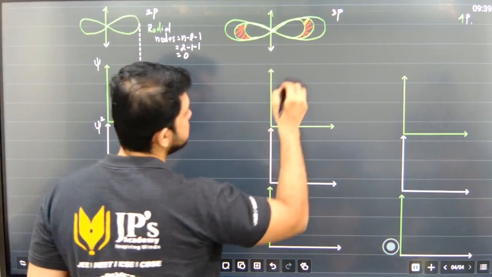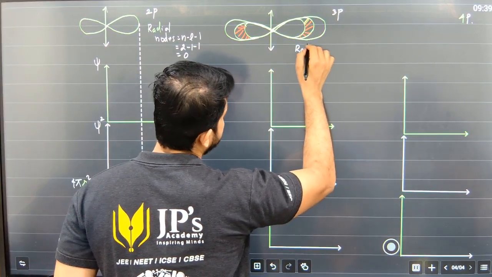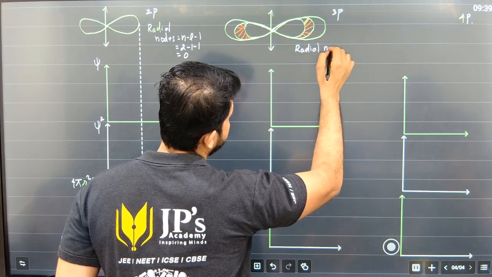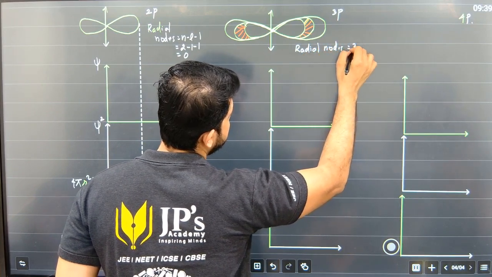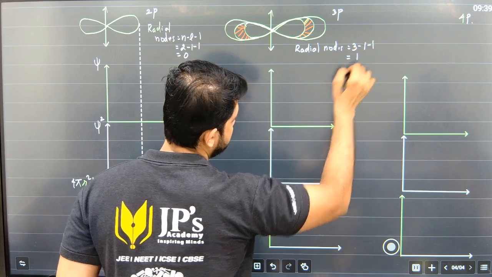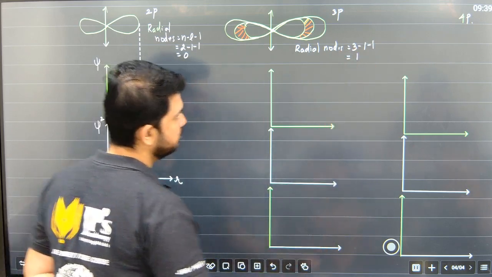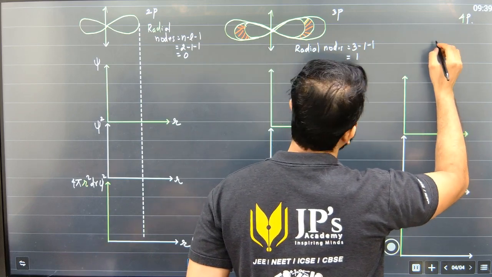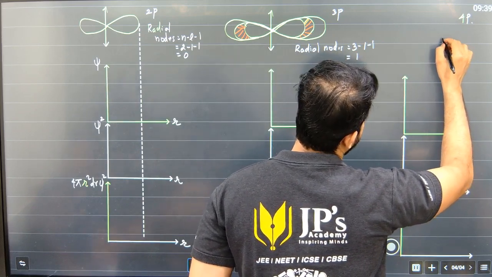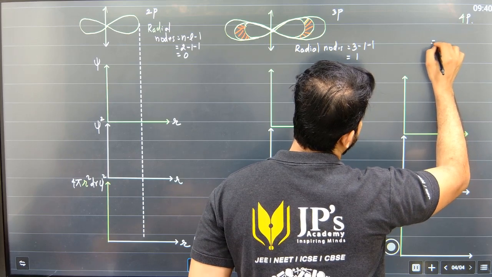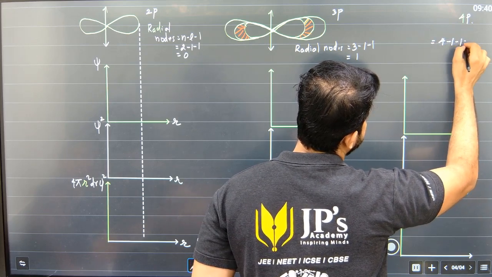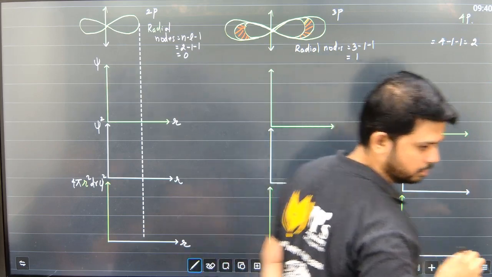Number of radial nodes in 3p is 1; 3 minus 1 minus 1. And similarly for 4p, the number of radial nodes would be 4 minus 1 minus 1, which is 2.